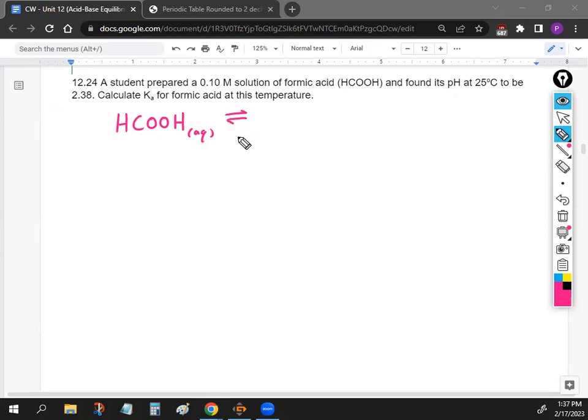Weak acids are in equilibrium. It's going to break down into H plus and COOH minus. So this is your equation. A lot of times you'll have to figure out the reaction for weak acids, but it's really easy. Just take away an H, and that's basically your reaction.